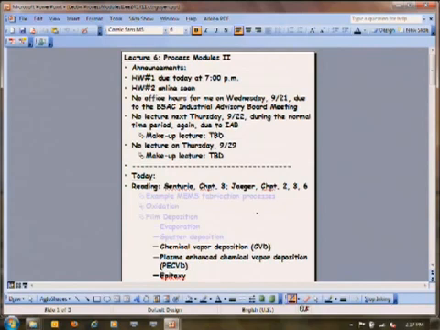Okay, so today we're going to continue doing what we were doing last time, which was speeding through those process modules that I had up on the website. You have another module up on the website, which we're going to at least start into today, on lithography and etching. But right now we're still going through this first module on oxidation and film deposition.